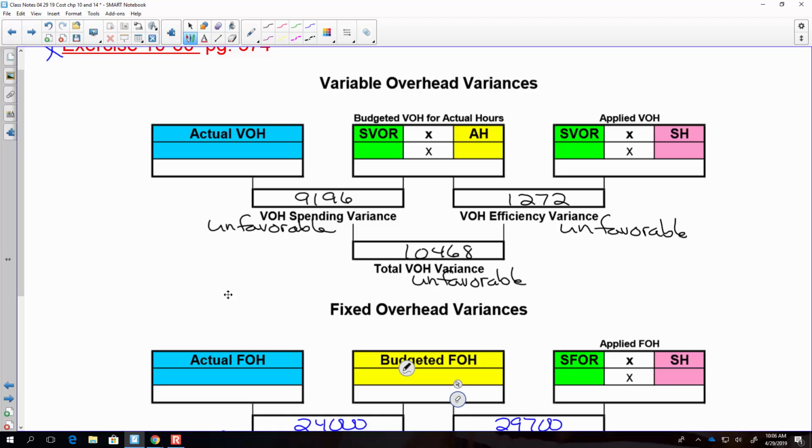All right, I put up the variance amounts that were given. Where does the $6.36 go? The SVOR. Yes, the SVOR.